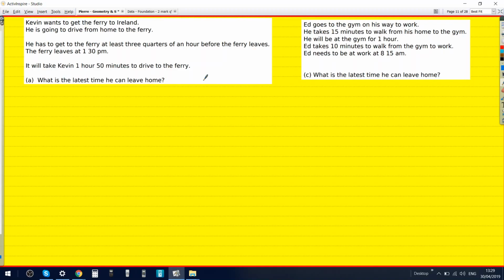It's three quarters of an hour before the ferry leaves. So an hour before it leaves would be 12:30. Three quarters of an hour before would be 12:45.